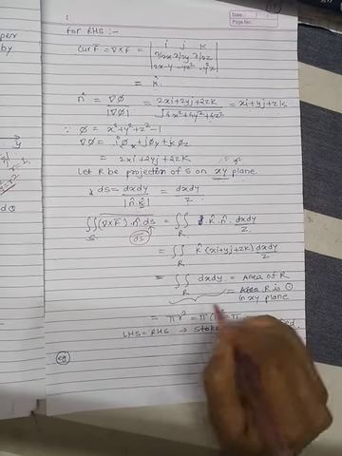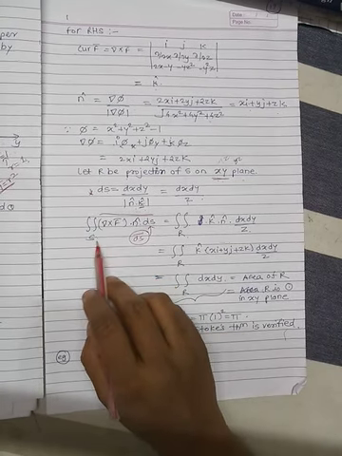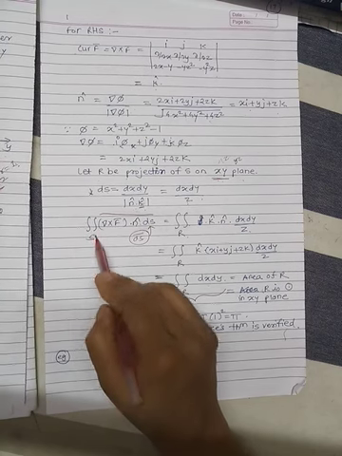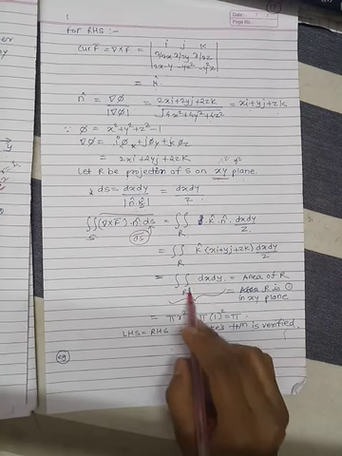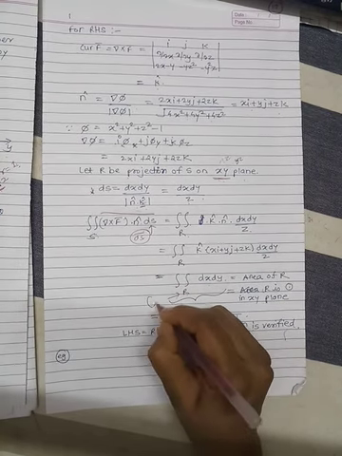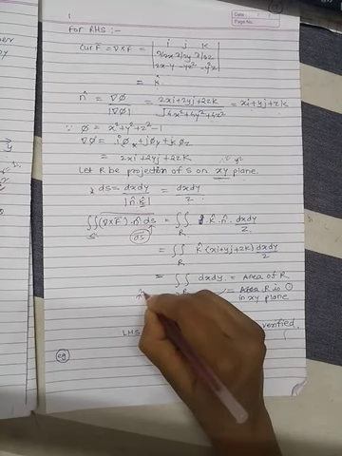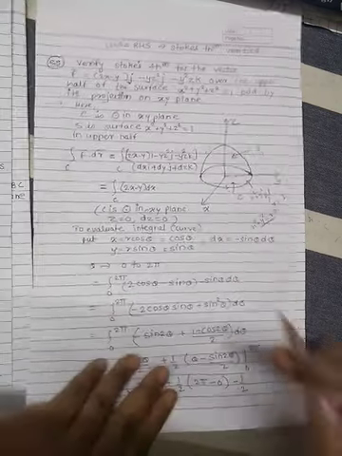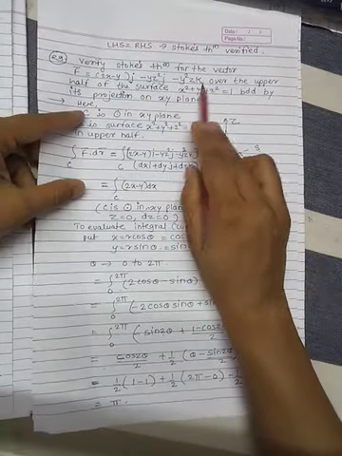So the right side, the surface integral over the surface S, becomes the double integration over the projection R, and this projection R is a circle with equation x square plus y square equal to 1, and we have taken this equation from the sphere equation.